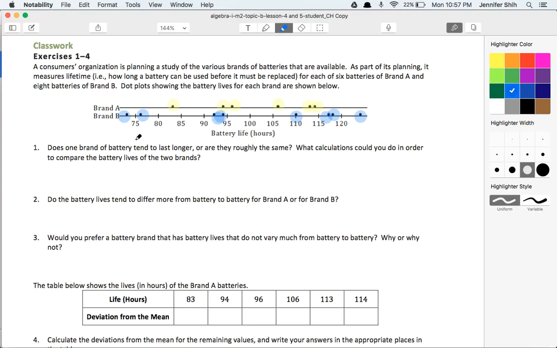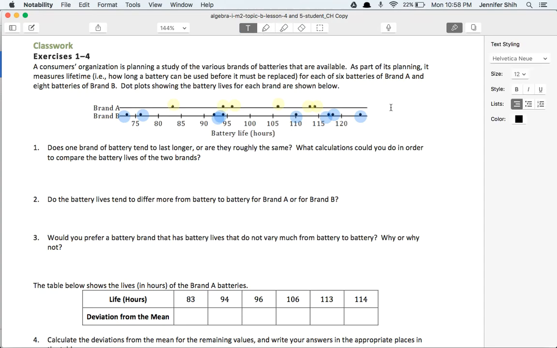Let's just skim this first. What is happening here? You can make little notes on here. I'm just gonna type a little bit. What do I see? I see that the range is bigger for brand B. I see that brand A lives are more clustered.